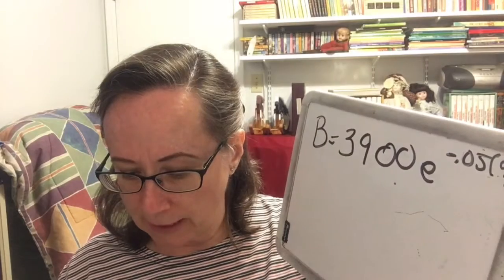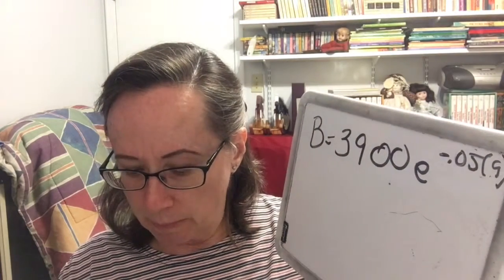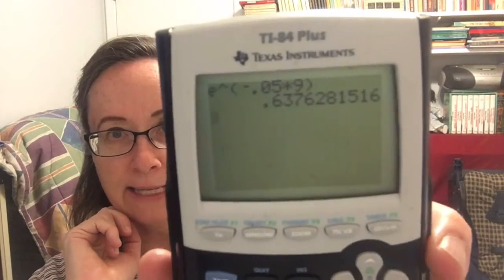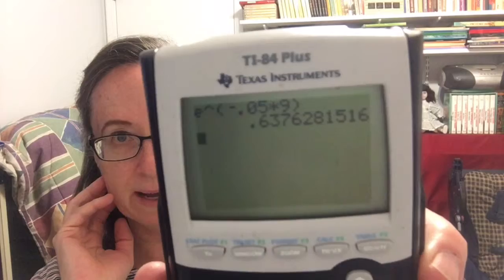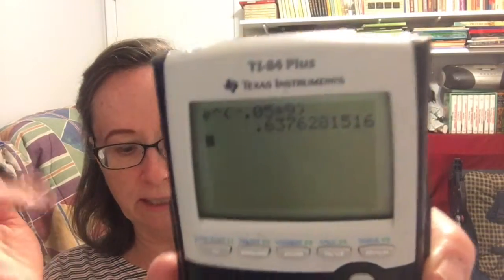So I'm going to do that on the calculator. Remember, my e is on my natural log key, so I'm going to have e to the negative 0.05 times 9. Now I've got to take that result and multiply it by 3,900.